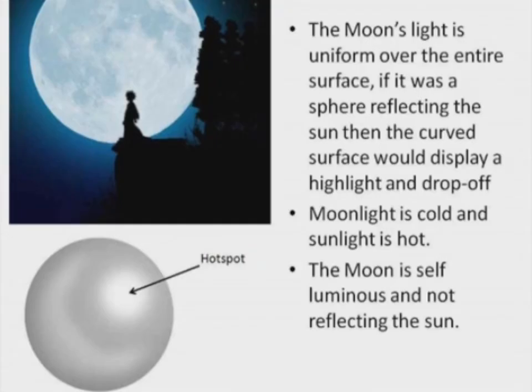So in order for the moon to absorb the heat from the sun and not reflect it, it would have to be a deep green colour to absorb the infrared. So unless the moon is made out of green cheese, it is not reflecting the sun's light. It appears that the moon is not a sphere and it's not reflecting the sun. It is self-luminous.